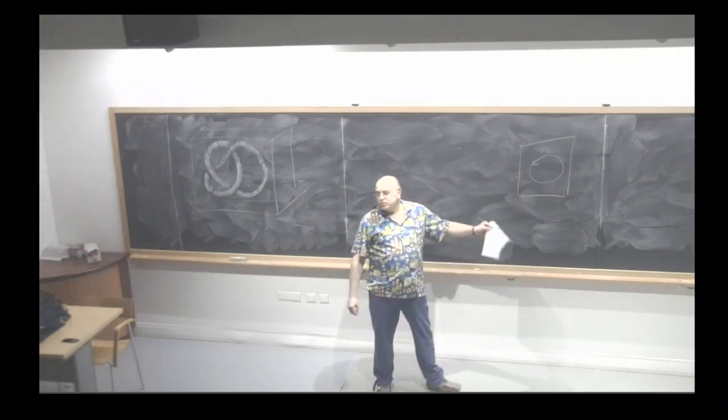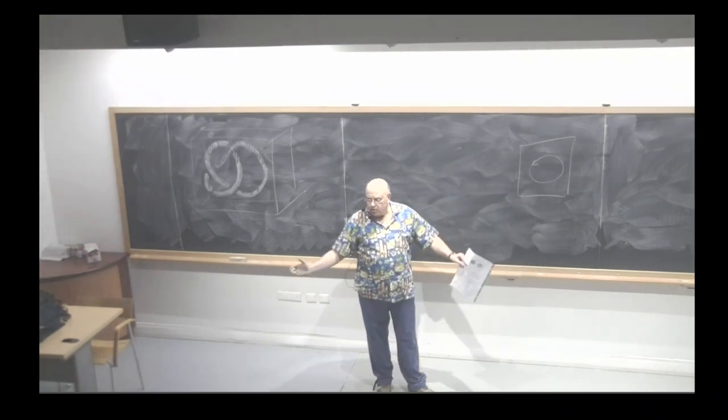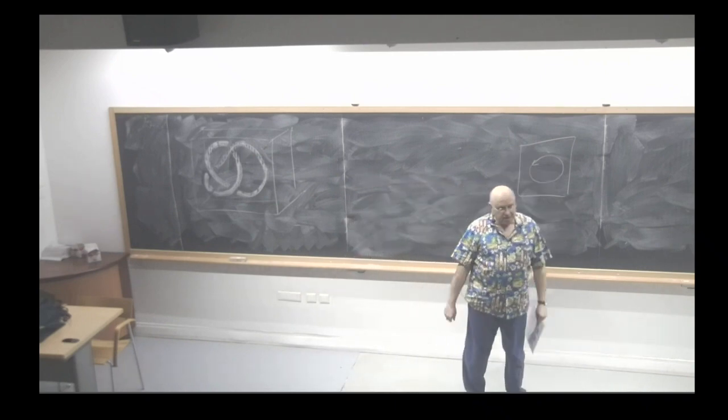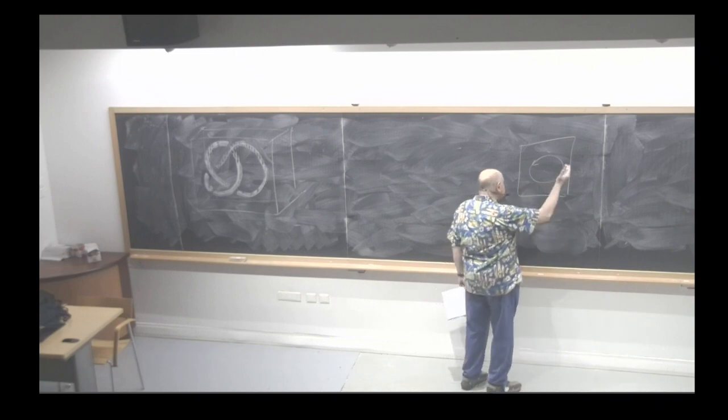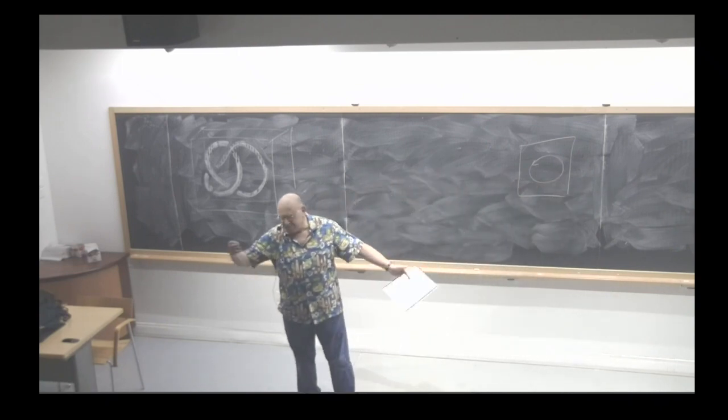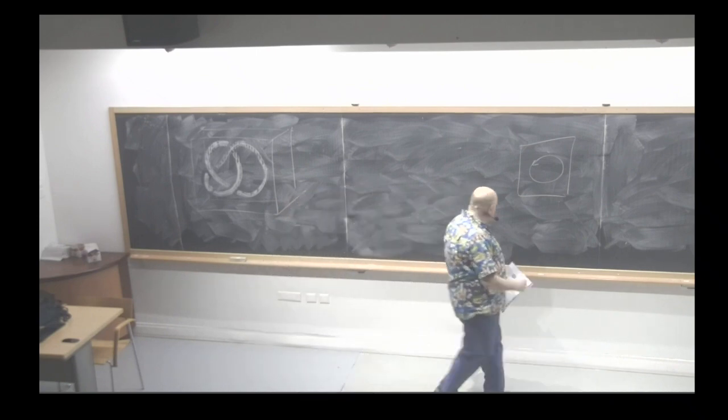If you can reduce the loop to a point continuously, you call this space simply connected, and you may say that this space R2 is reducible. There are many equivalent definitions.